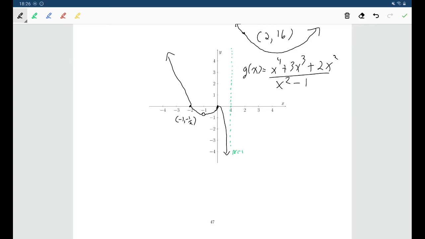As far as the test points go, you can pick whichever point you like. I picked (2, 16). You could pick an x value of 3 or 4 or even 1.1, something really close to that vertical asymptote. Any point you pick, as long as you're picking it on the right side of that vertical asymptote, will give you enough information to figure out what's going on in that region.